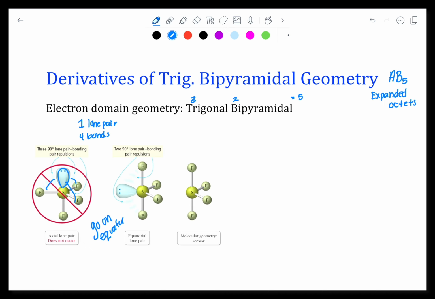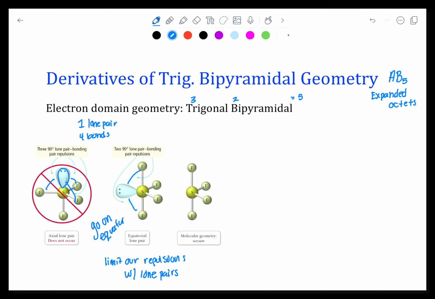By adding it to the equatorial, there's only two 90-degree repulsions in that molecule, so that's limiting our number of repulsions, which is preferred. So we want to limit our repulsions with lone pairs. So that lone pair goes on the equator first, on the equatorial atoms first.